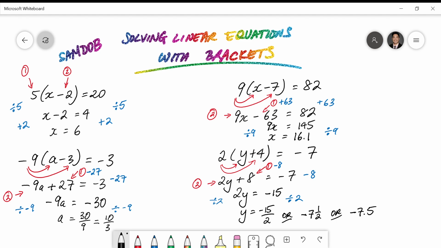And then with that, what we could do is convert this value into a mixed number, so 3 and 1/3, or we can convert that to a decimal, which is 3.3 recurring. Okay, that 3 continues, and that's what that dot on the top means.